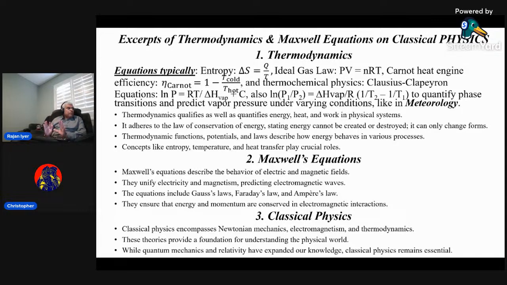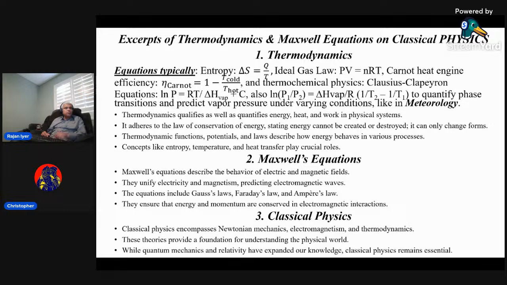So essentially, the thermodynamic functions, potentials, and laws describe how energy behaves in various processes. The potential forms a fundamental basis. We know the chemical potential, the mechanical potential, the electromagnetic potential, the electric potential, even the magnetic potential. Each one is described by a potential, and they help to relate them and how energy behaves in various processes.